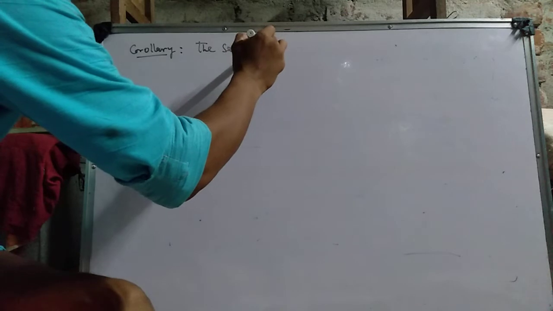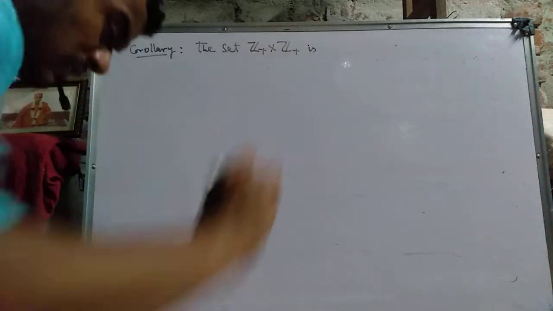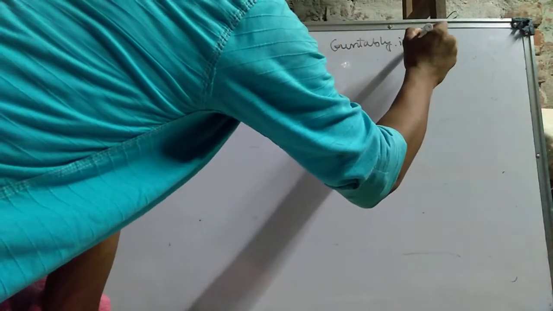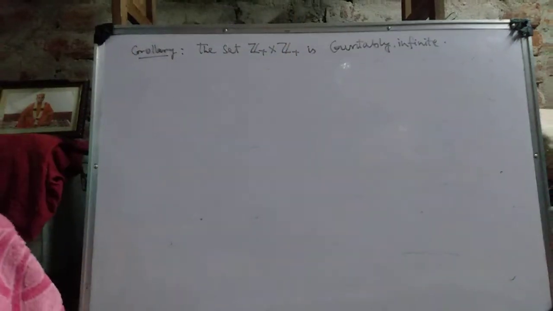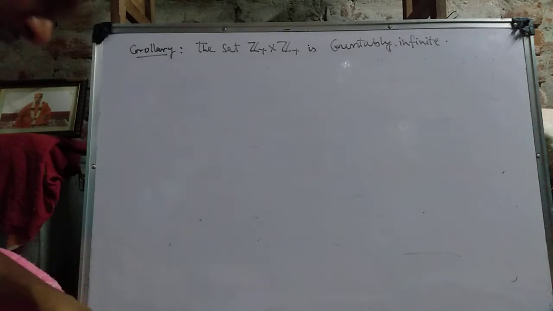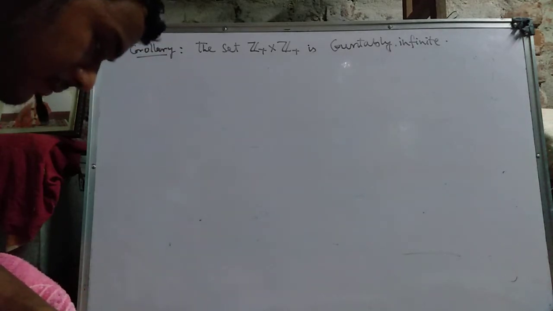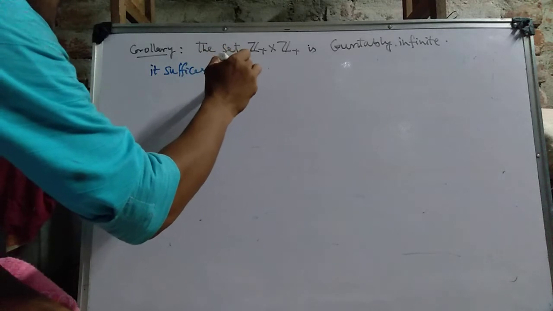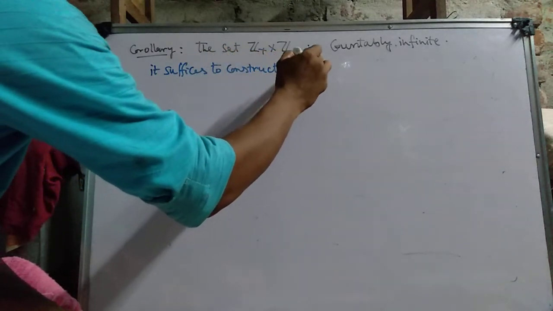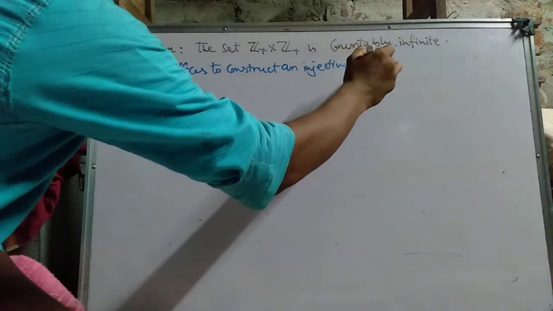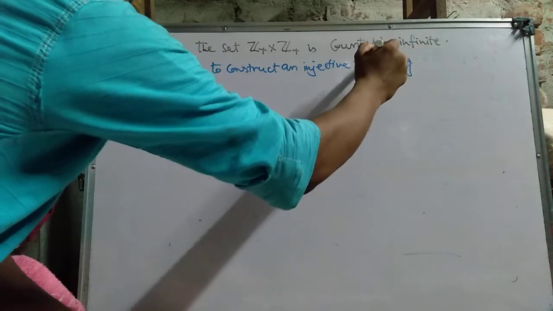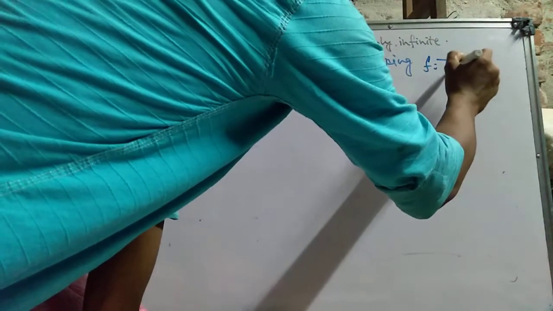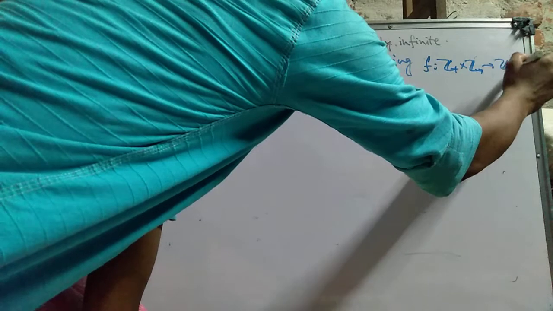The set Z plus is countably infinite. It suffices to construct an injective mapping from Z plus Cartesian product Z plus to Z plus.